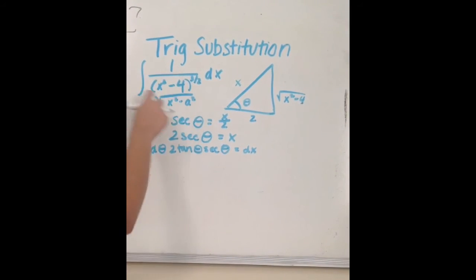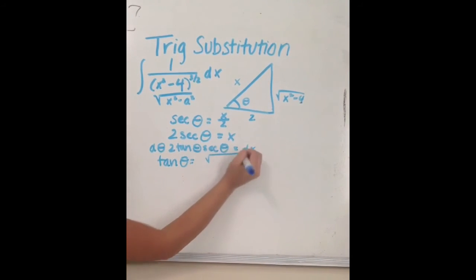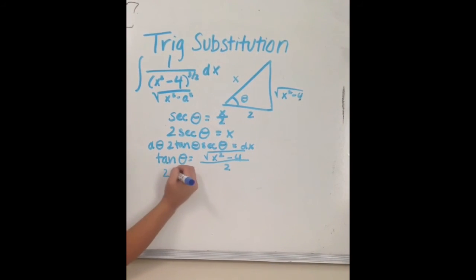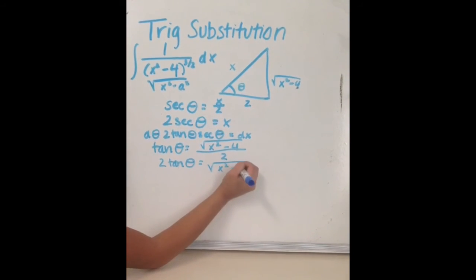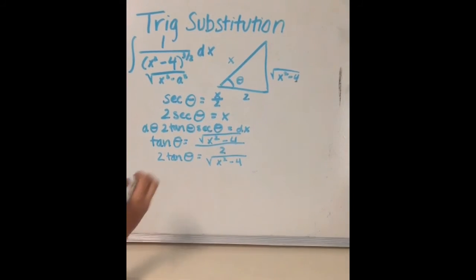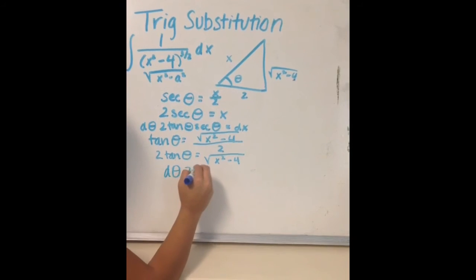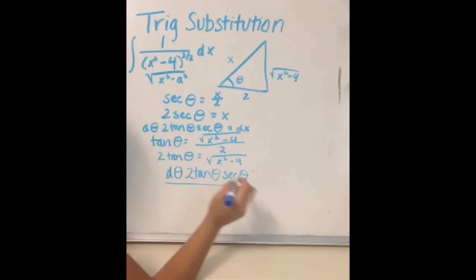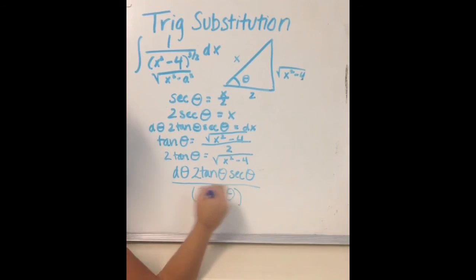Then we have to replace this expression right here. So we know that tan of theta is equal to root x squared minus 4 over 2. Multiply both sides by 2. And now we could replace everything back to simplify the expression. So right over here, 2 tan of theta secant of theta d theta over 2 tan of theta to the third.